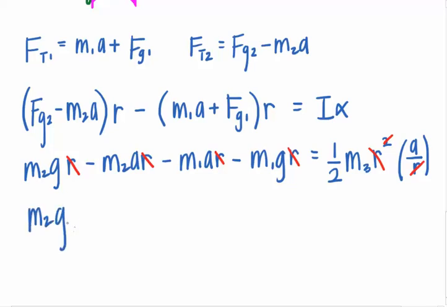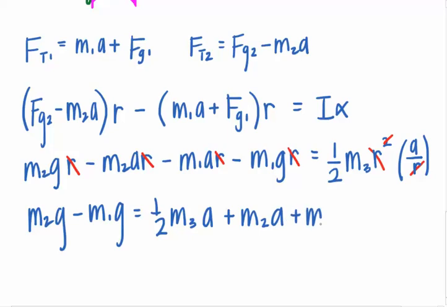I need to get my acceleration together, so I'm going to have minus M1G is equal to 1/2 M3, that's the pulley, times A. But I'm going to add over both of these other acceleration terms, M2A and M1A.